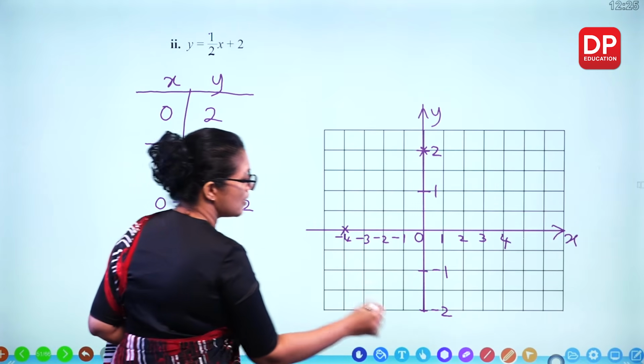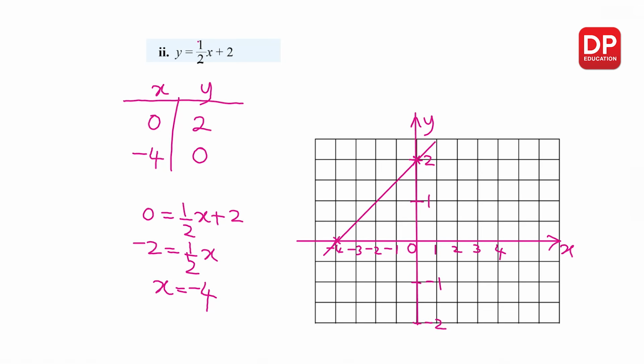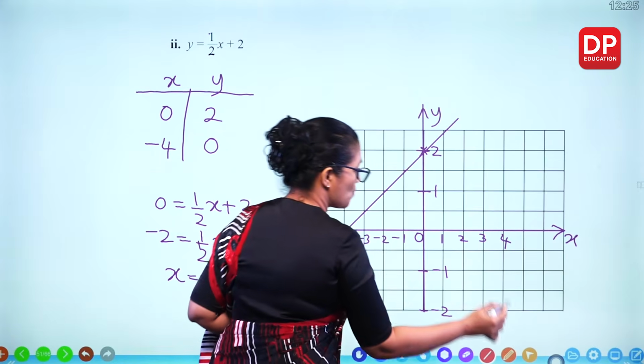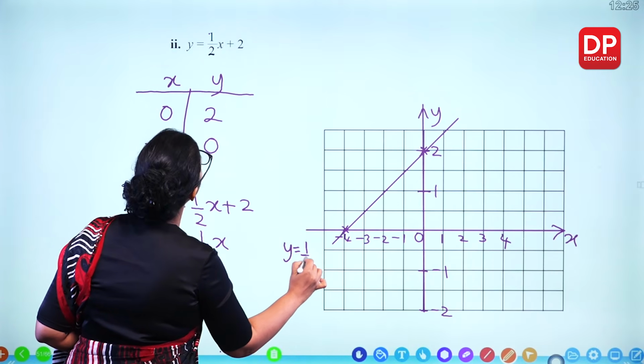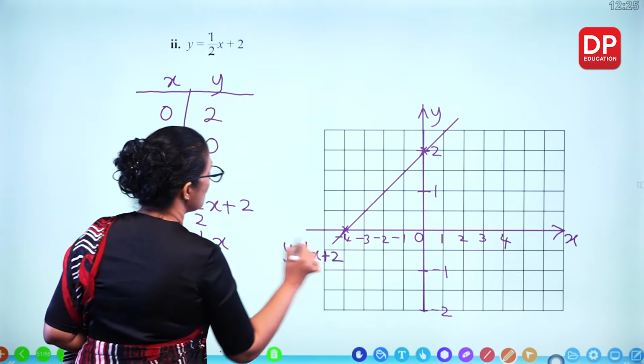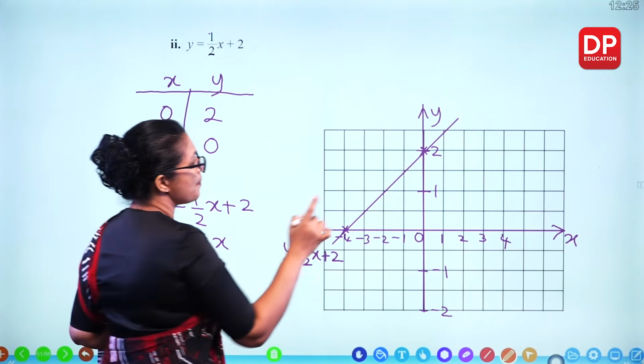This point. Now we'll draw the line. Y equals half x plus 2. So what are the coordinates of the intercepts?